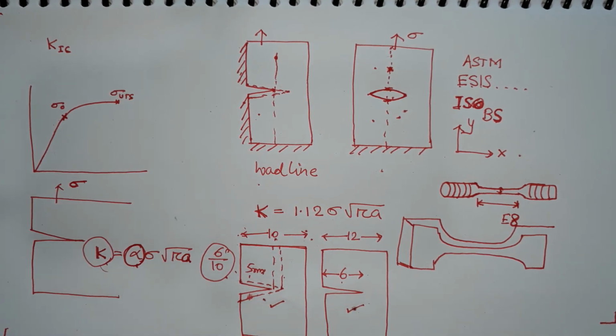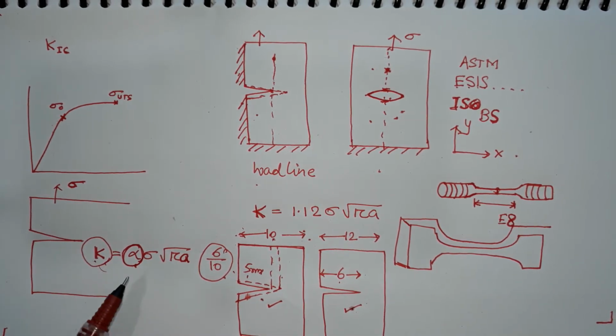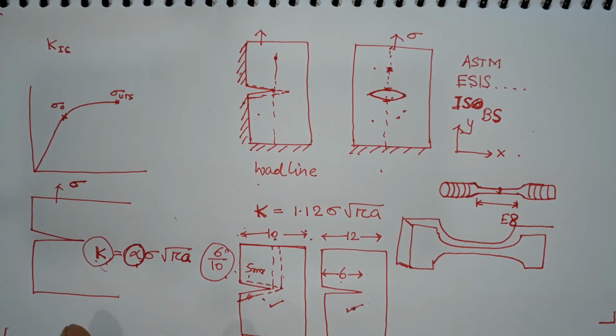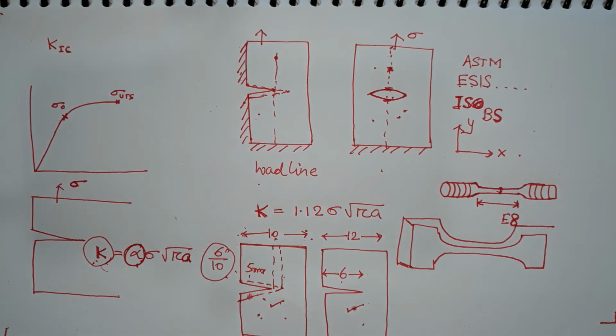So, fracture toughness will not have any problem, because the formulation is designed in such a way that you calculate a value which you can compare across two different geometries, and that is how a material property should be defined. Once I tell you that this is the yield strength of this material, I should be able to compare it with the same material of different dimensions also. If not, then the differences must be reported or defined very clearly, and that is how a material property definition works.